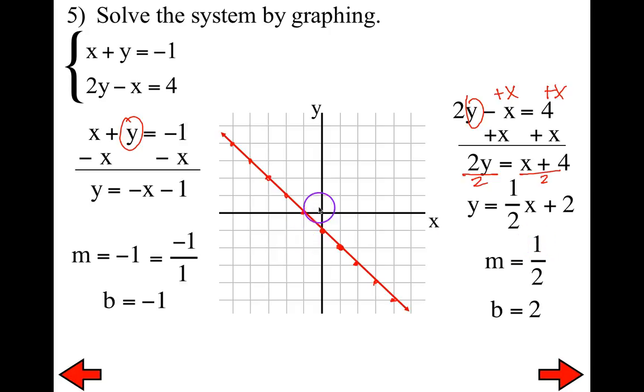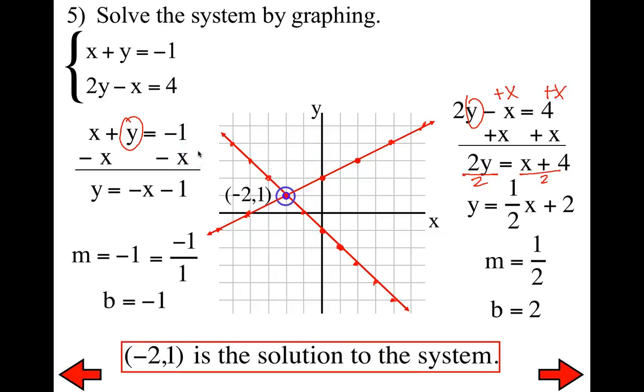So starting on 2 on my y-intercept, I'm going to go up 1, to the right 2, up 1, to the right 2. Kind of drew my line a little early, but just a friendly reminder, we can do this as far as we can possibly go. Hopefully you can see the intersection here. It occurs at (-2, 1). So guess what? Our solution is (-2, 1).